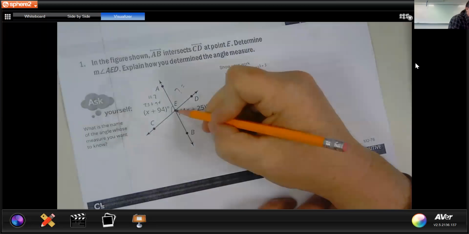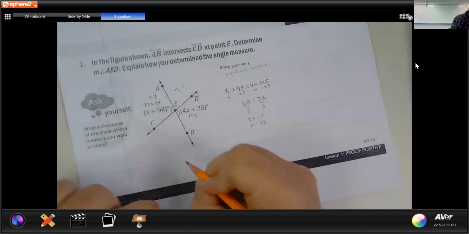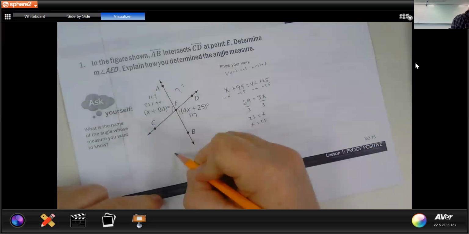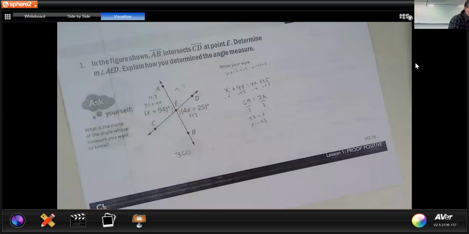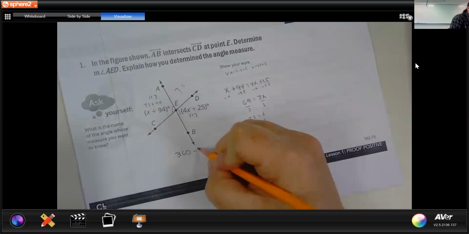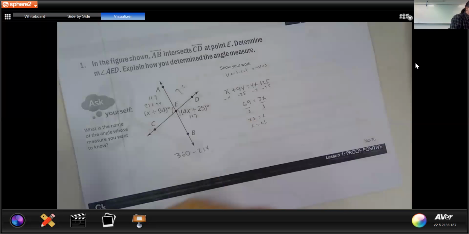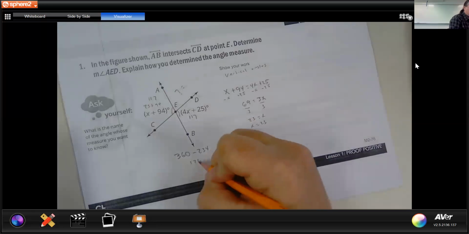Well, if we look at this, we have 4 angles going around in a circle. So we know that all 4 of these angles are going to add up to 360 degrees. If we add 117 and 117, it's going to be 234. And if we subtract that from 360, we get 126.